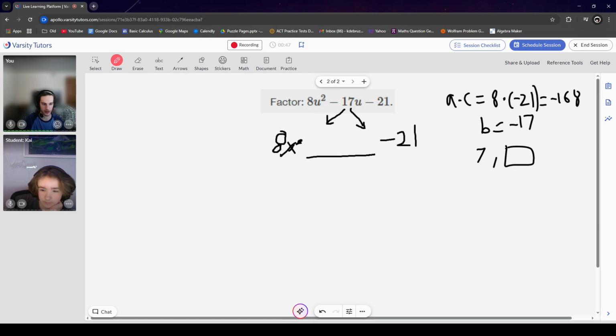What is the other number that goes with 7, that adds to negative 17 and multiplies to negative 168? 24. Yep. What sign is 24? It's going to be negative. Yep, negative 24.